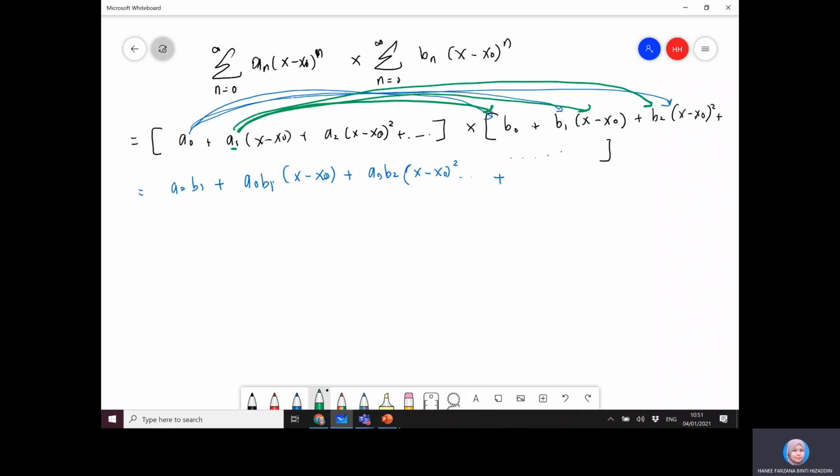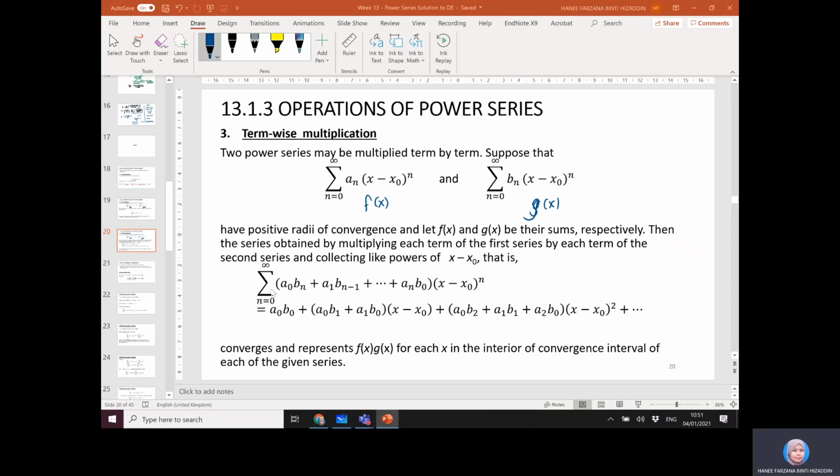Looking back at the PowerPoint slide, you can simplify that if you multiply this f(x) and g(x), you get something like this. The series will start from n equals 0 until infinity: a naught times b n plus a1 times b n minus 1, and so on, multiplied with (x minus x naught) to the power of n, with n starting from 0.